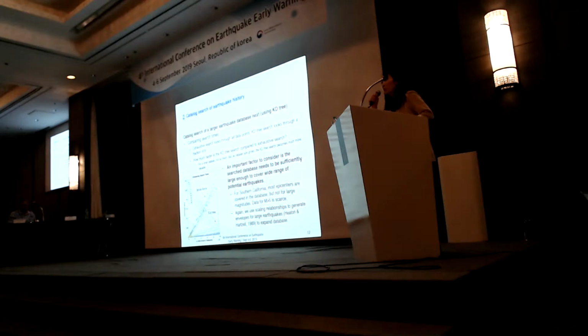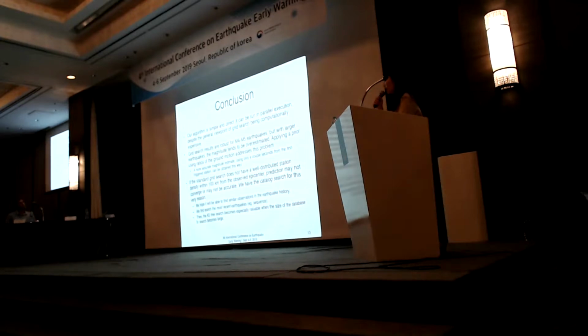So that is an important factor to consider. We want the search database to be sufficiently large to cover a wide range of potential earthquakes for the KD tree to perform adequately. And so here we can use the PLUM spectral scaling method that I mentioned previously to expand a small database to a larger one so that we can apply this KD tree search.